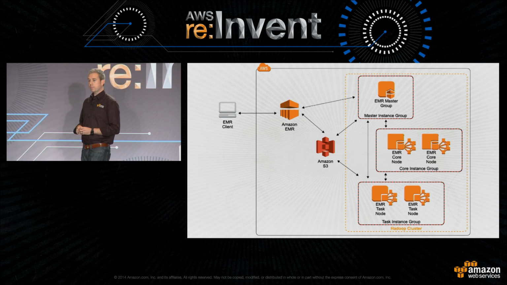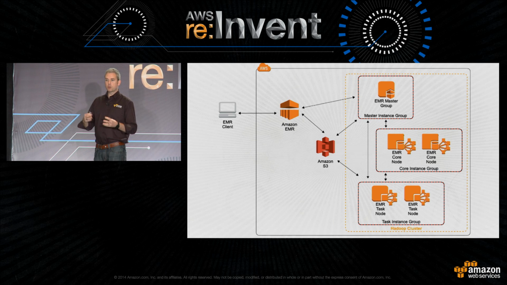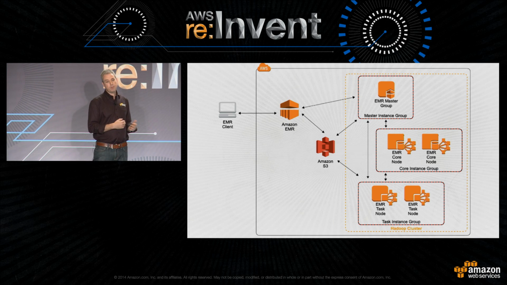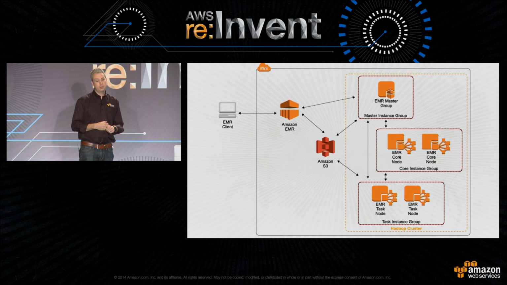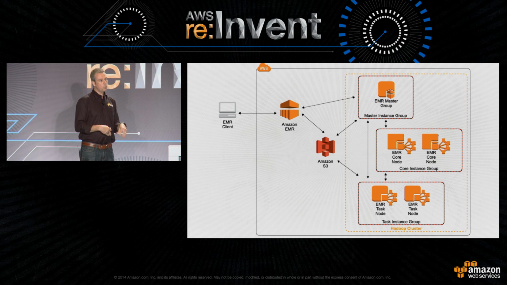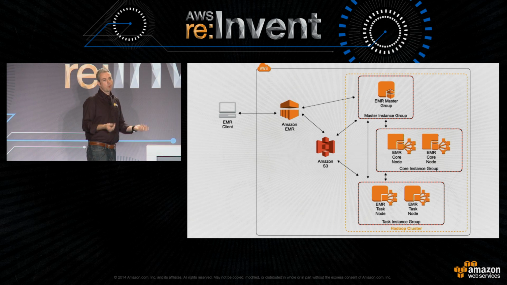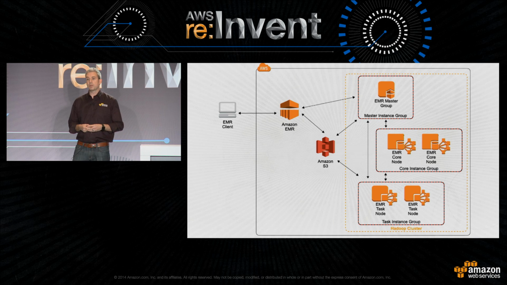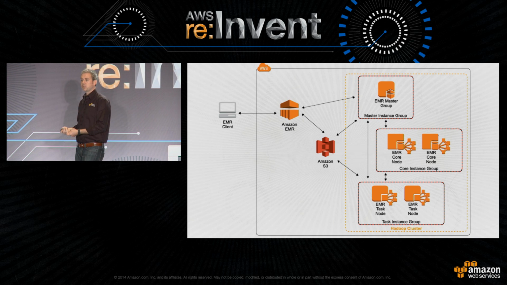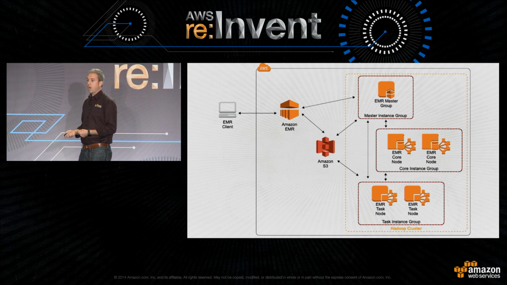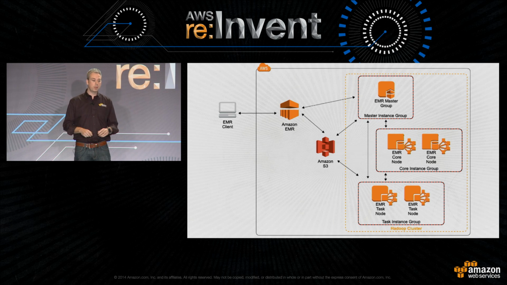Your master group might be one instance type, and your core nodes might be a completely different instance type. The task nodes as well, because they're not storing data, you may have no requirement for local disk on those machines. You may just be provisioning machines that are particularly high on RAM or high on relative amount of CPU.